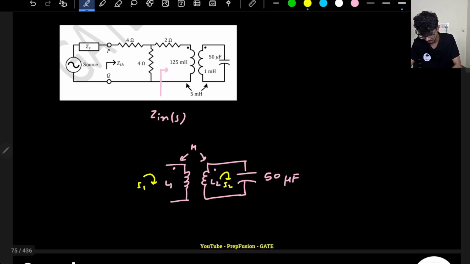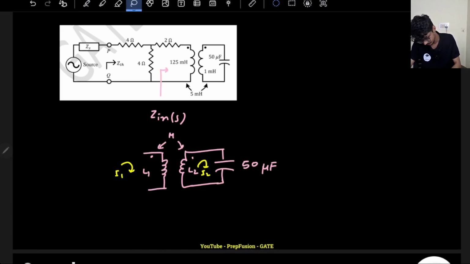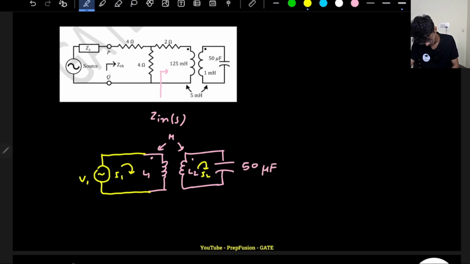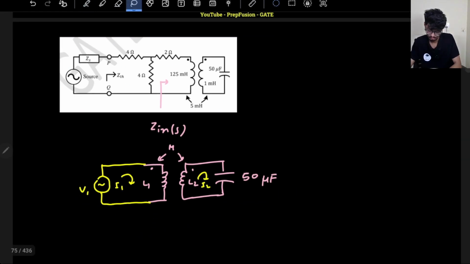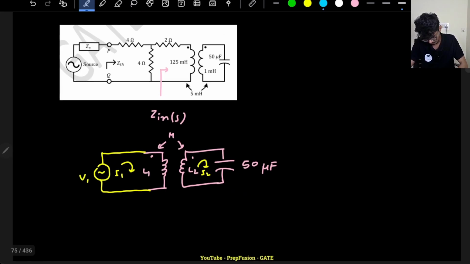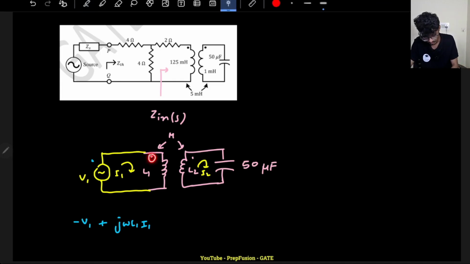And of course I1. If I write the KVL in the first loop, what I have to find out is this. If I apply a fictitious voltage source here, V1, I1, then V1 will be equal to, this is dot only, so I can write V1 plus j omega L1 into I1, and mutual inductance is there, and both of them are opposing, because on one coil current is entering the dot, on the other coil it is leaving, so it will oppose.